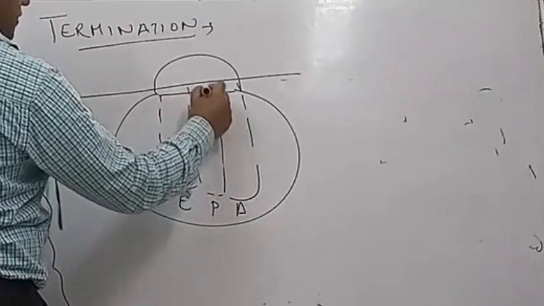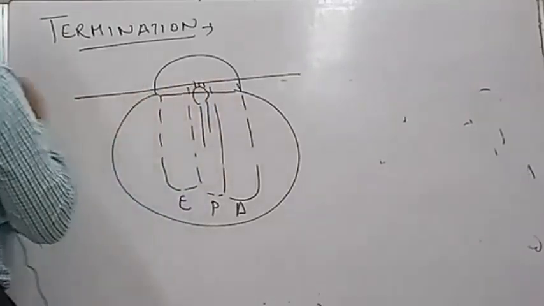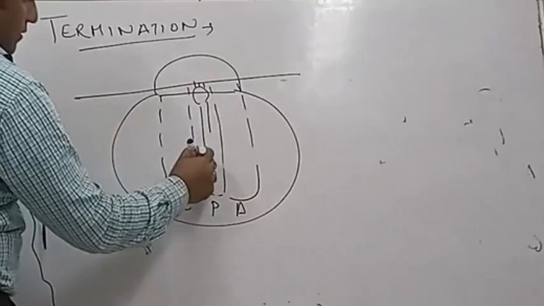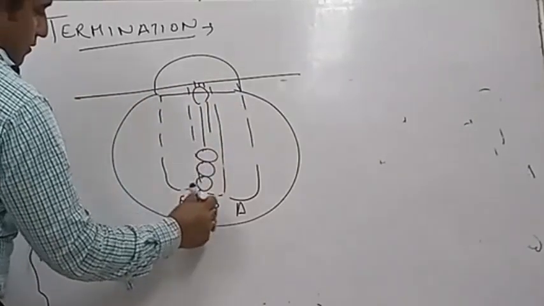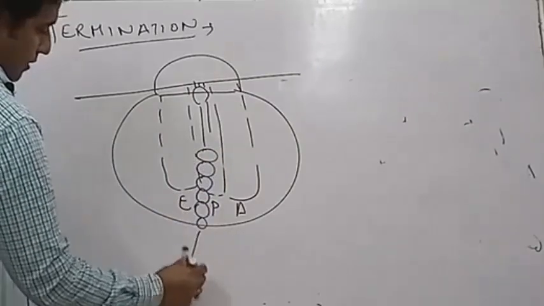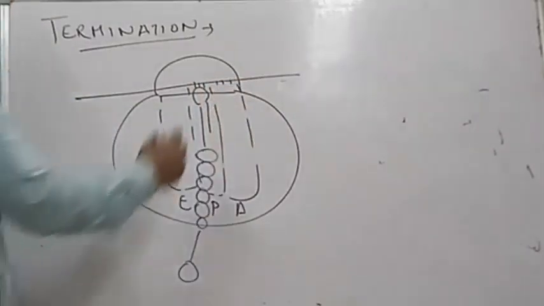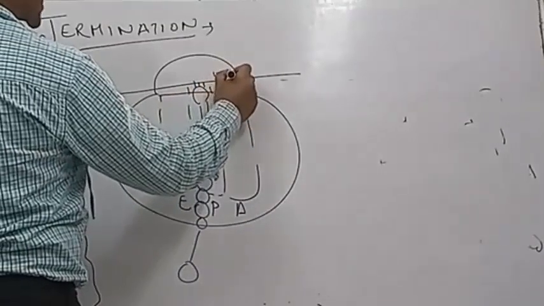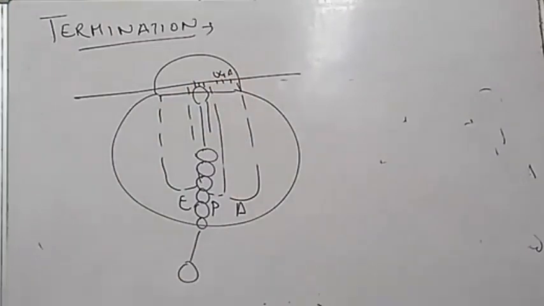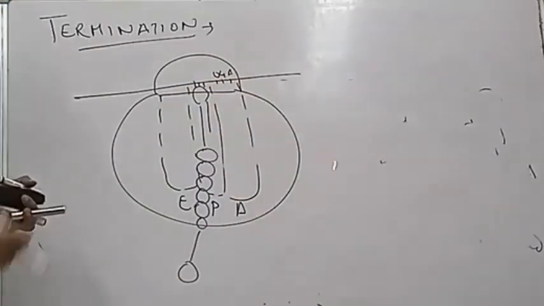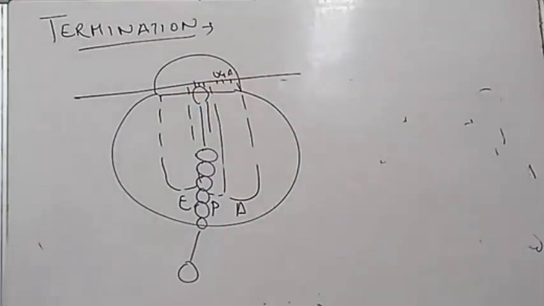Here I find my tRNA contains the amino acids, right? But you see this particular portion is either UGA or UAG, right? The stop codon. The stop codon means this particular codon doesn't have any specific aminoacyl tRNA, right? It doesn't have any aminoacyl tRNA.